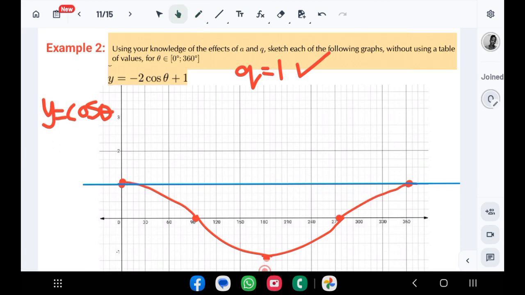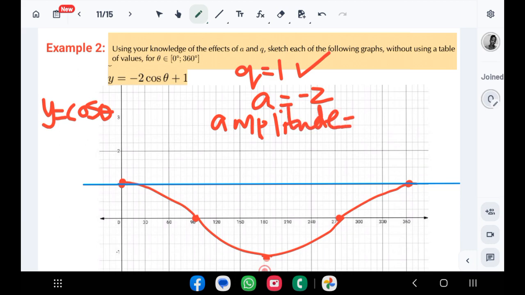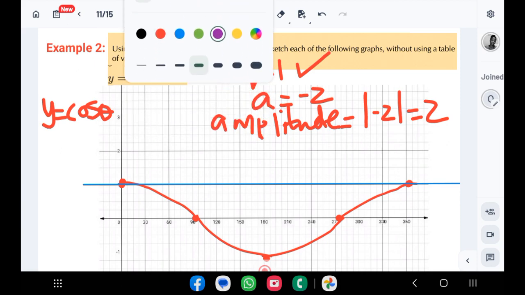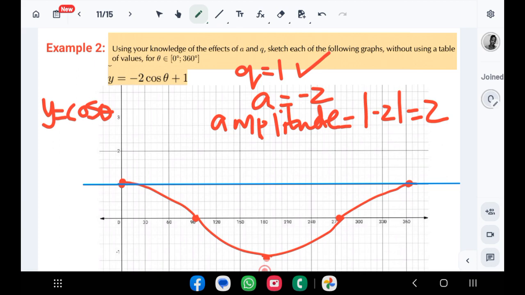And then now our a is equal to -2. That means the amplitude is equal to the absolute value of -2, which is 2. So it was stretched by a factor of 2. So the whole graph will be 2 times the amplitude of the first one.